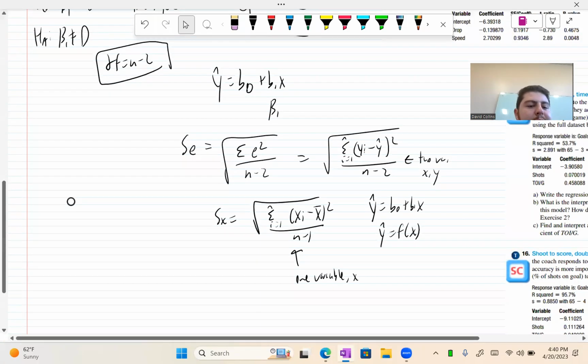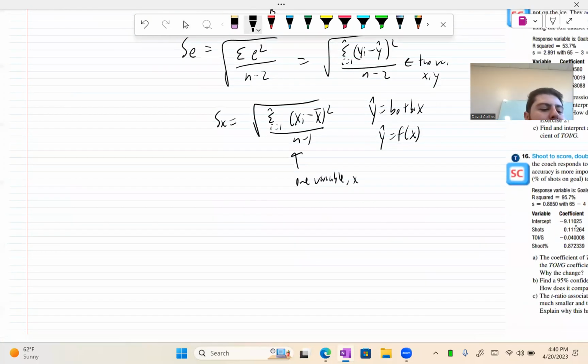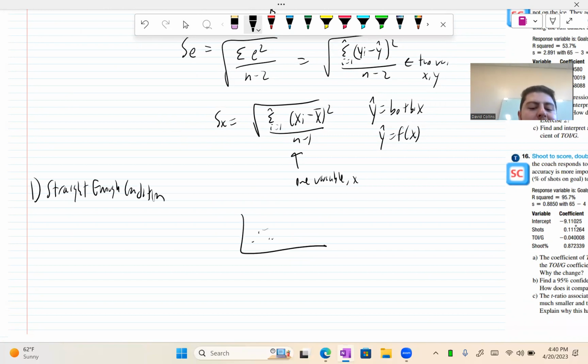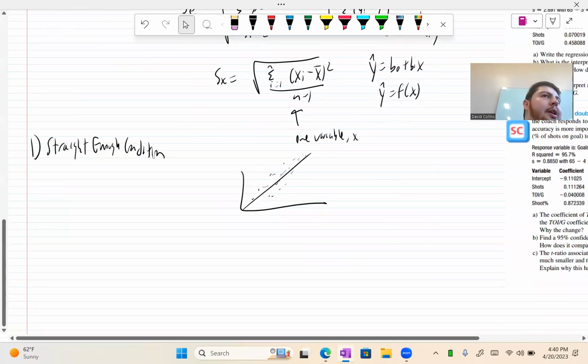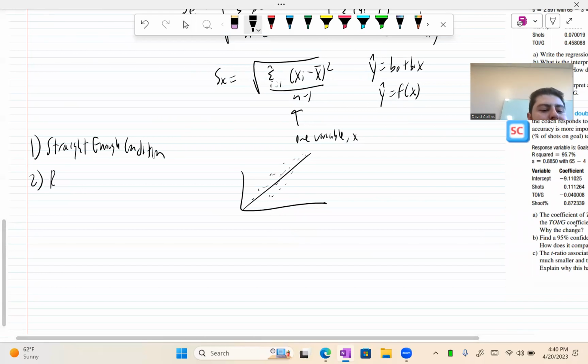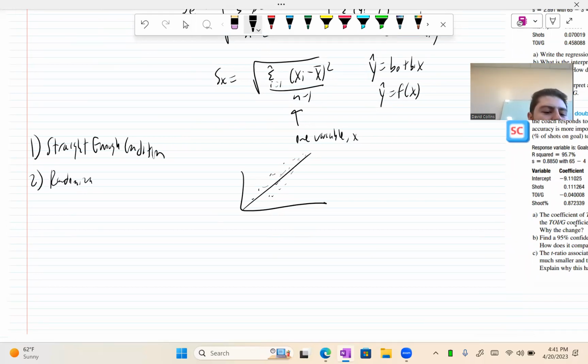So now I'm going to write the assumptions over here. There are 4 assumptions. The first is the straight enough condition. This just means we have data that look like we can fit a line to it, whether it's upward or downward sloping. 2 is the randomization condition, a random sample.